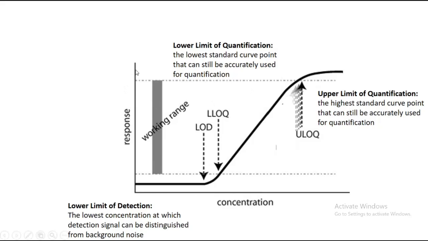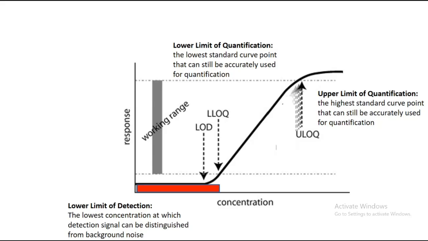Okay, so if I get an absorbance up here, say for instance, and I want to determine the concentration, I go across, I can't get an accurate value. Okay, so from using these three values, you can establish in what situation you can accept the result as reliable.